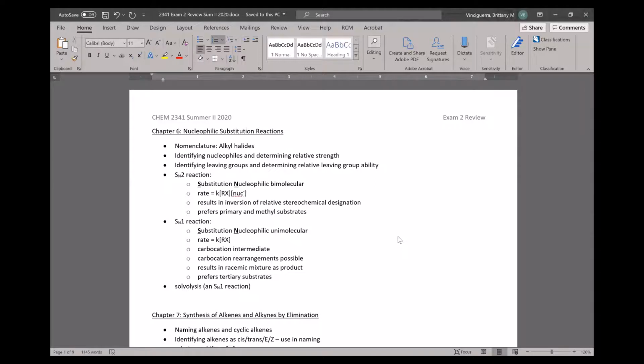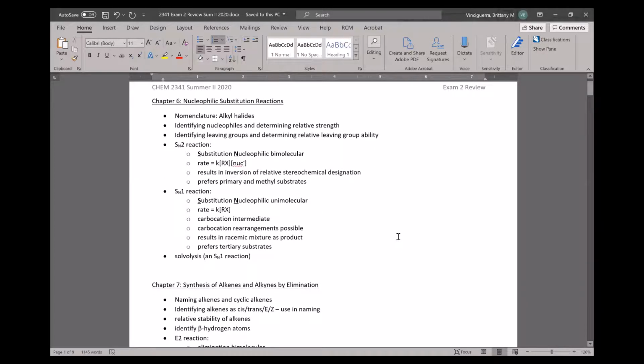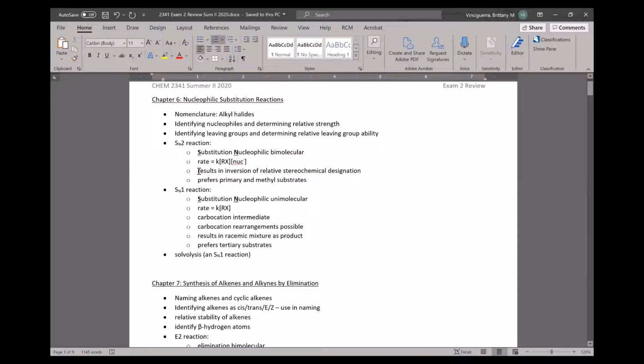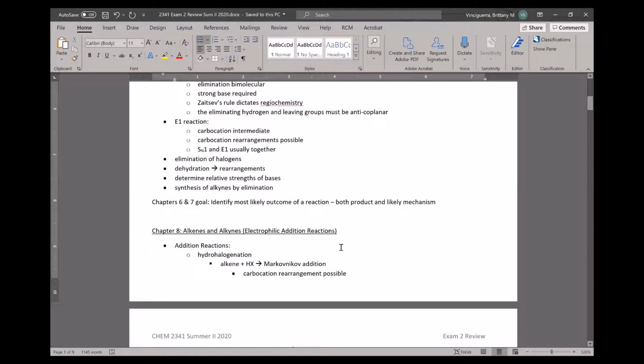You do need to go back through, and if you don't remember anything about inversion of stereochemistry, or how to name alkenes, cis, trans, or E and Z, you need to go look that up. That's the main point of this list.